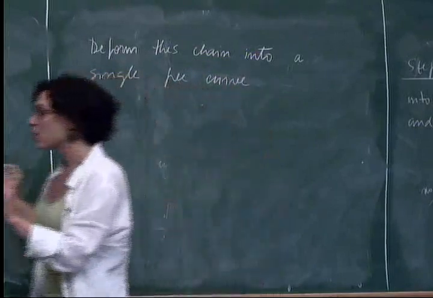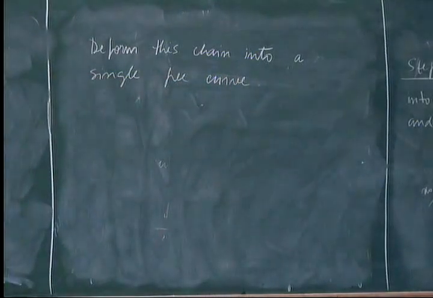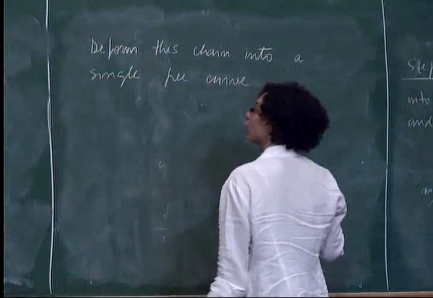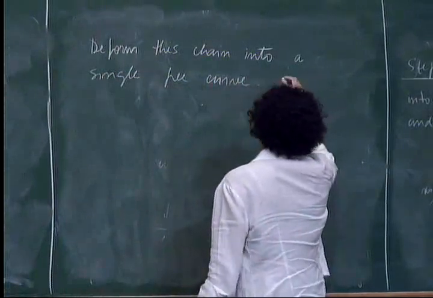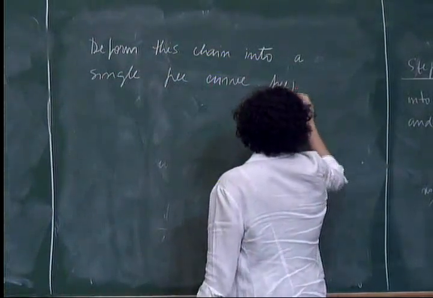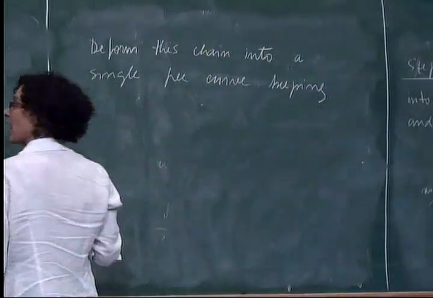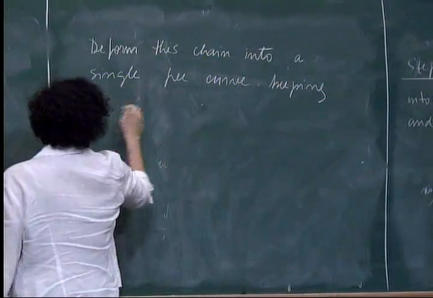But we are not allowed to keep 2 points fixed. We only have free curves, you can only keep 1 point fixed. But we can, in any case, deform it to a single free curve, keeping x naught fixed.